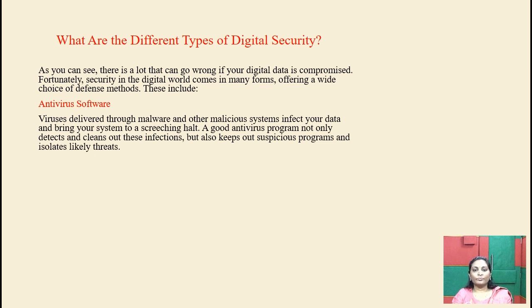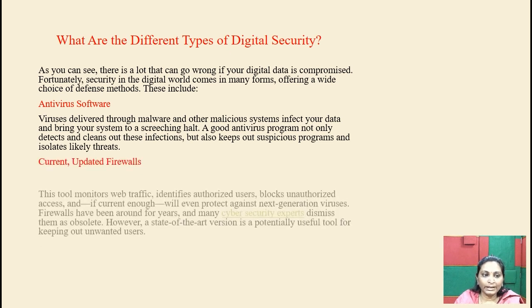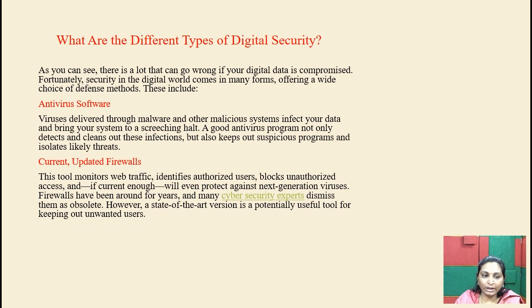What is the function of this antivirus software? This software can detect viruses, clean them, and protect our system. Next, use current, updated firewalls. A firewall sits between our network and the internet.